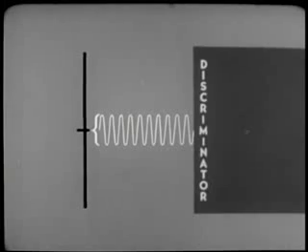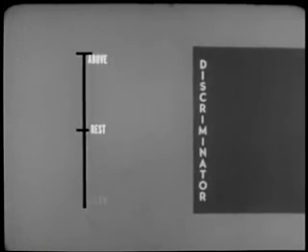It also will represent rest frequency. This line will represent the maximum deviation above rest frequency. And this line will represent the maximum deviation below rest frequency. On this scale, we will see the frequency of the carrier as it arrives at the discriminator.